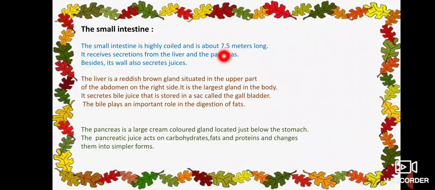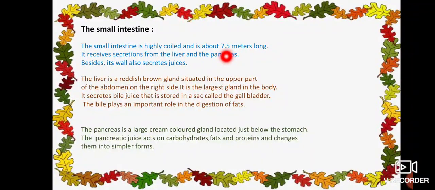How much? 7.5 meters. It is highly coiled, means it is like a spring, coiled with a large number of coils. The size of this small intestine is 7.5 meters.